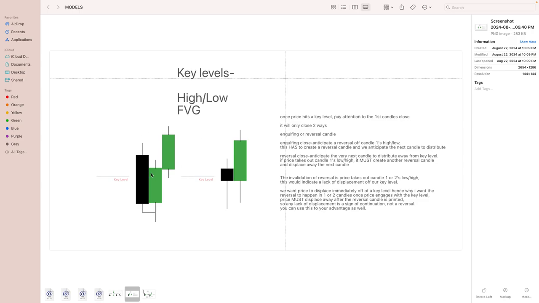But any failure to displace, that's not a reversal we want to be in. And you can actually fade your bias, but again, I go over that in my video on this specific rule here.